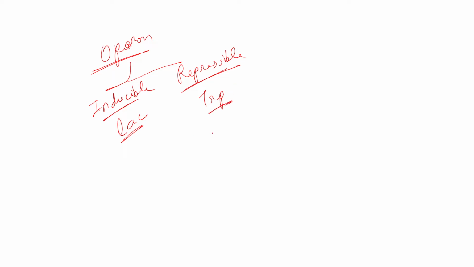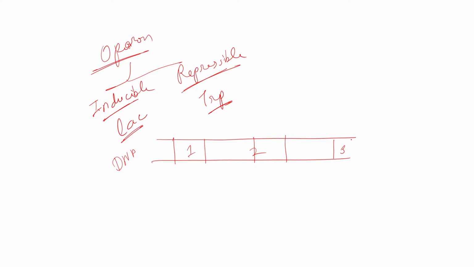So as we know, what is an operon? Operon is a segment, or we can say a unit, of bacterial gene expression and regulation. Suppose this is a full length DNA. It has several genes like this: gene 1, gene 2, gene 3, and so on. These genes are expressed whenever they are needed.